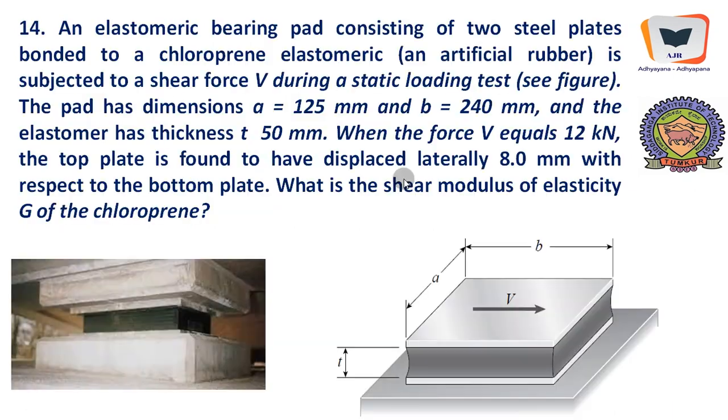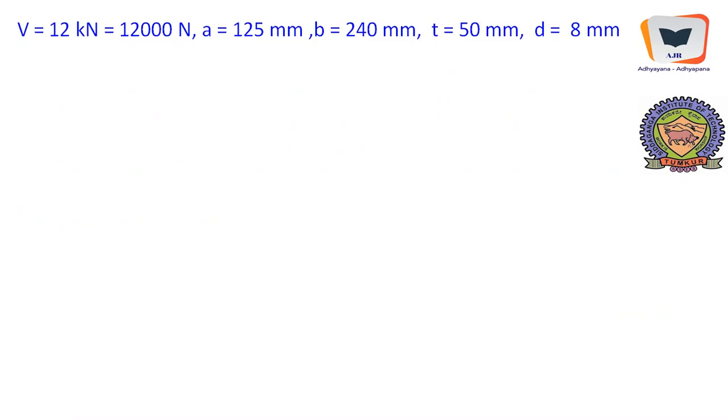We will find elastomeric bearings under the bridges at the bridge supports, and we will list all the values given. Shear force is 12 kilonewton, therefore 12,000 newton. A and B, the dimensions of the elastomeric bearing, are 125 millimeter and 240 millimeter, thickness is 50 millimeter, and the amount of dislocation is 8 millimeter.